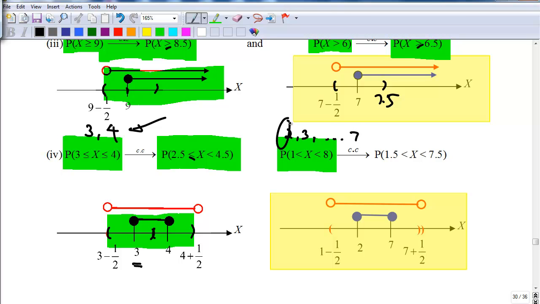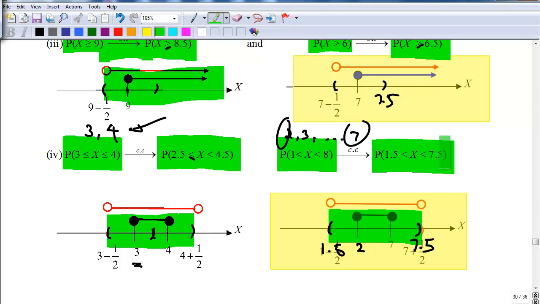I will look at the 2 first. For 2, I have to include all numbers from 1.5 onwards. Then for 7, I have to include every number up to 7.5. So the probability that I will need is from 1.5 to 7.5. Done.